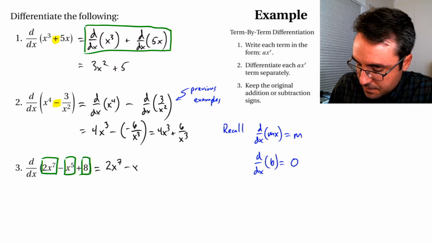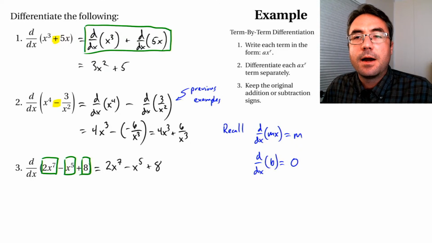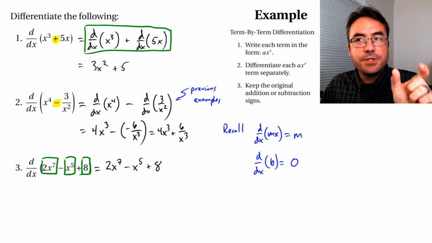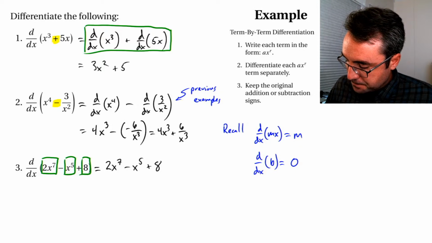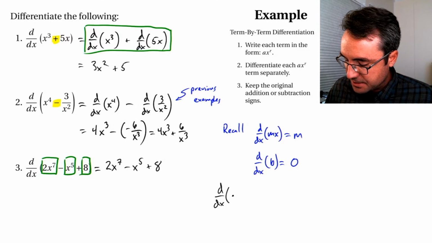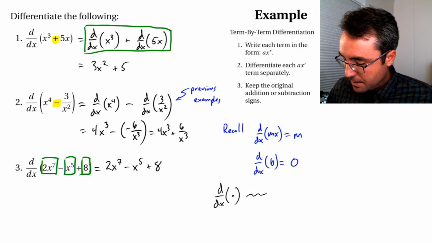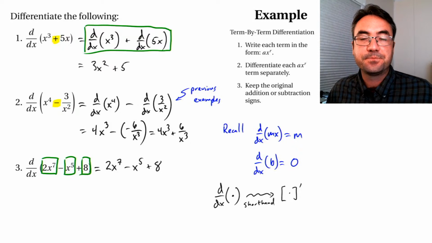Let's rewrite our function, and we're going to differentiate term by term. Instead of writing d/dx a whole bunch, a bit of shorthand that we're going to use is brackets with a little prime symbol. And that's just going to be shorthand for derivative.